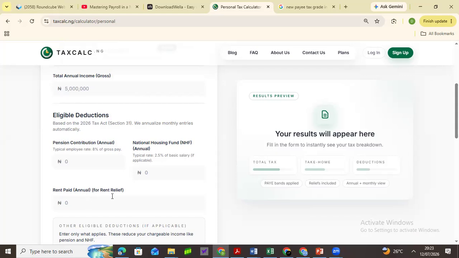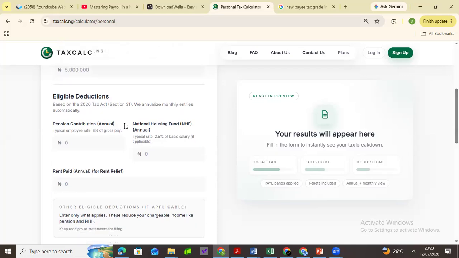Can you see that? Yes. Don't forget that the employee has a part to play for the NHF contributions. You know that, right? They deduct it from their gross. Yes.